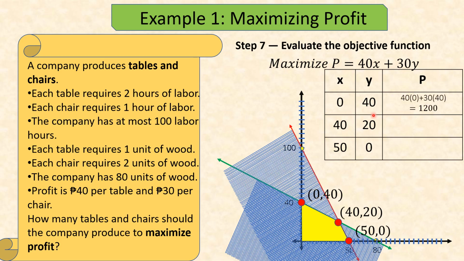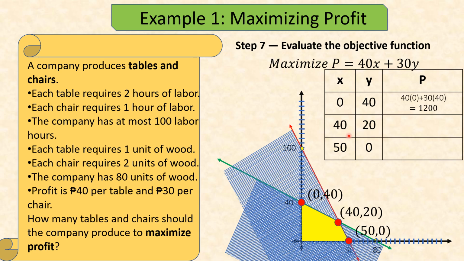Okay. So first, if we create 0 tables and our chairs are 40, you have 40 times 0 plus 30 times 40 is equal to 1,200. That means if you produce this product, your profit is 1,200. Next, we have 40 and 20: 40 tables and 20 chairs.